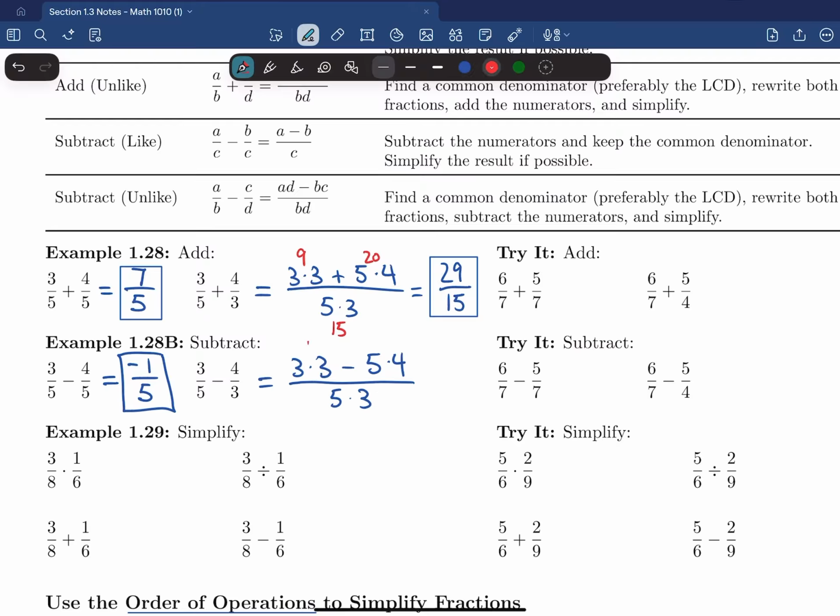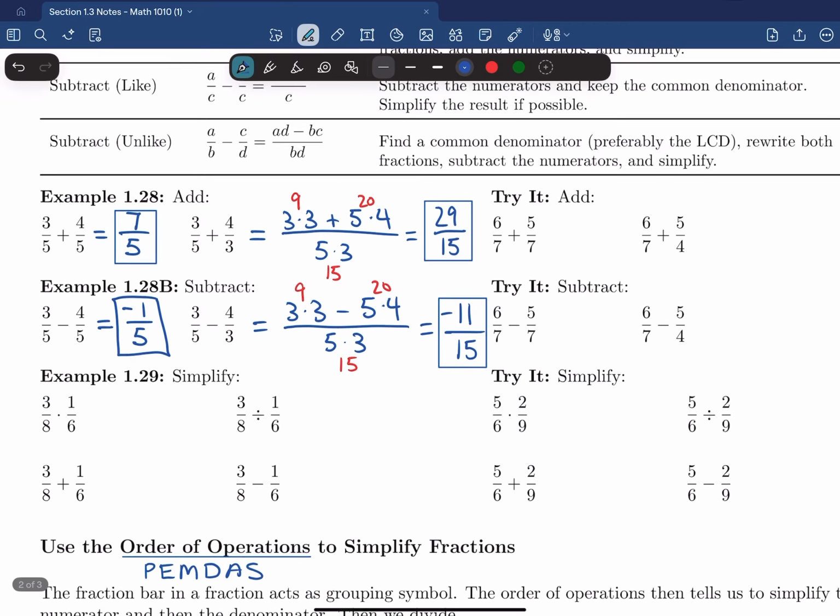Once again, 3 times 3 is 9, 5 times 4 is 20, 5 times 3 is 15. So our result is 9 minus 20, which is -11, divided by 15. That fraction cannot be reduced. It doesn't have a common factor on top and bottom.